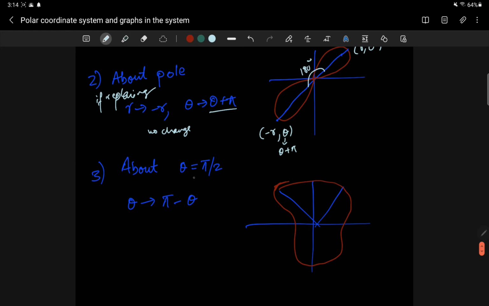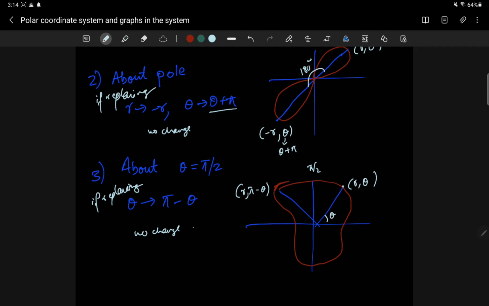And lastly is about theta equals pi over 2, which is the vertical axis here. It says if you replace theta by pi minus theta and there is no change, then for every point r, theta, there is going to be the point r, pi minus theta.